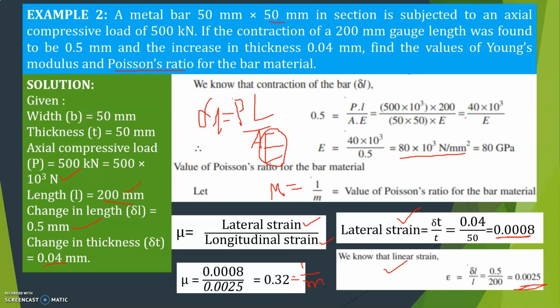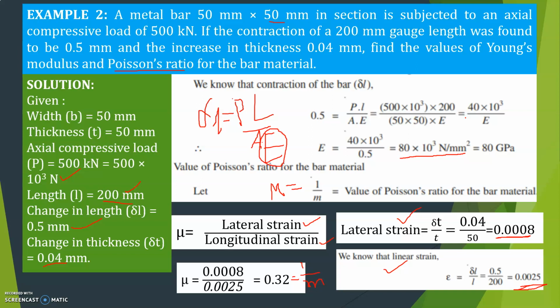Linear strain or longitudinal strain is always with respect to the direction along the line of the axis. The force is acting along the line of the axis. But lateral strain is always opposite to the application of the force.